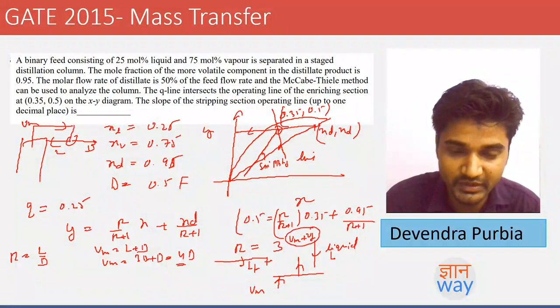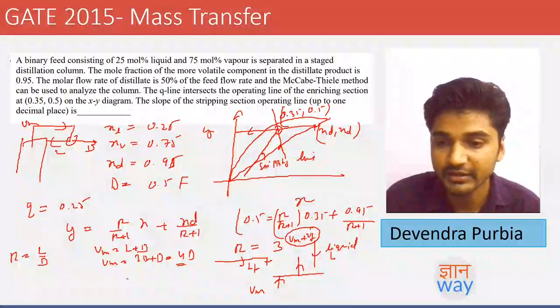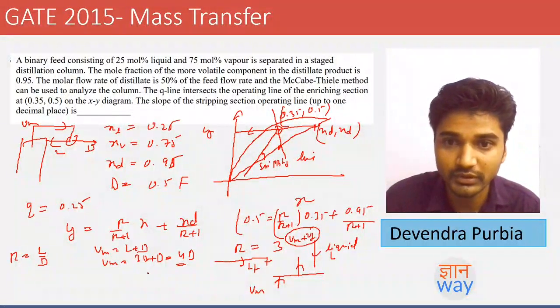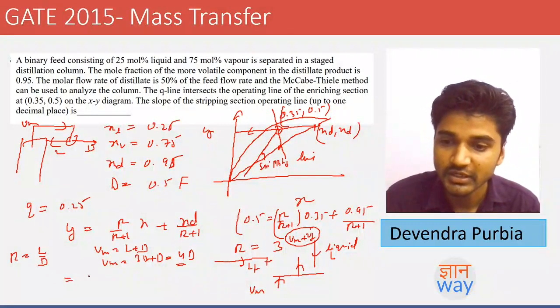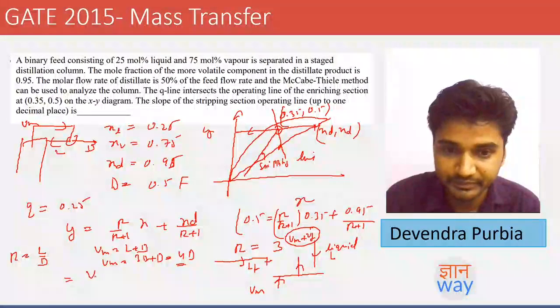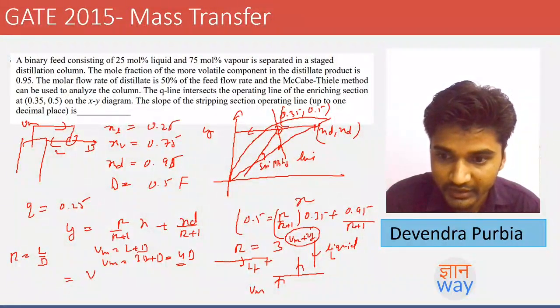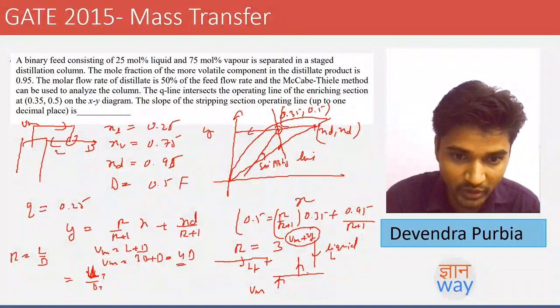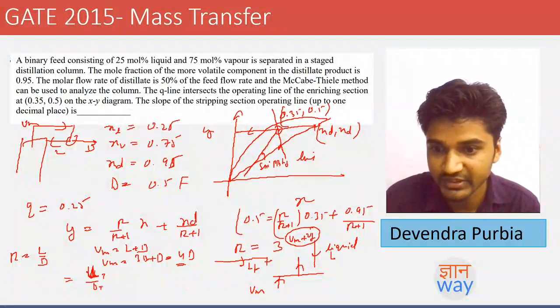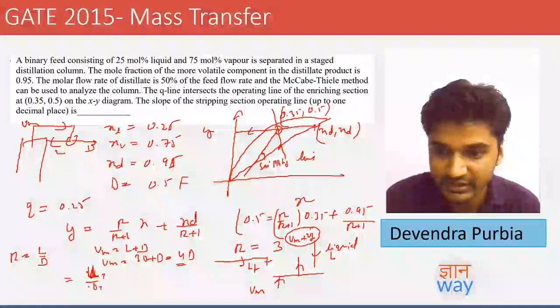The slope of the stripping section, as we know from the operating equations, will be the net liquid coming on this tray over the net vapor leaving this tray, that is L by V, sorry, L by Vm.